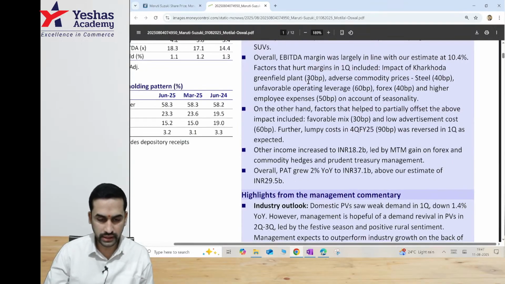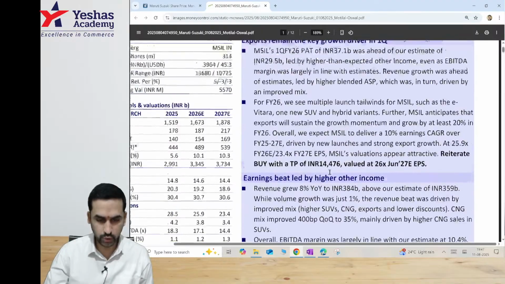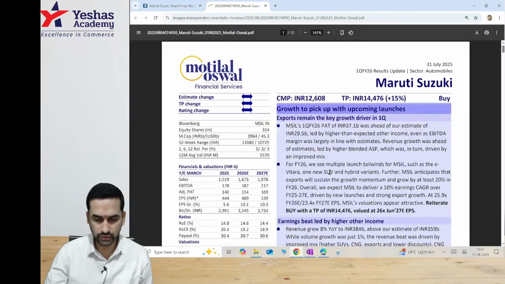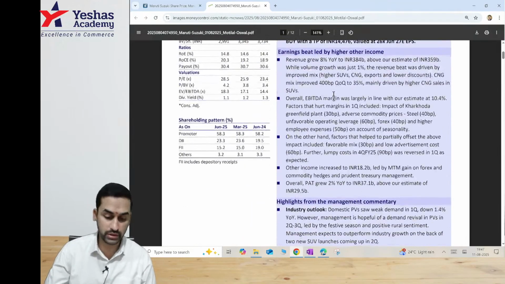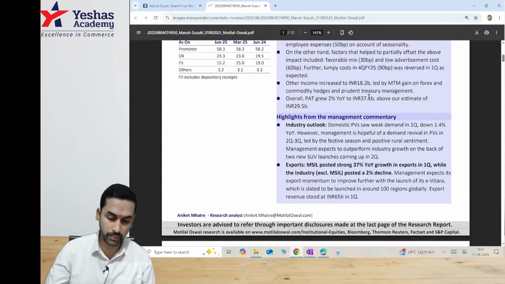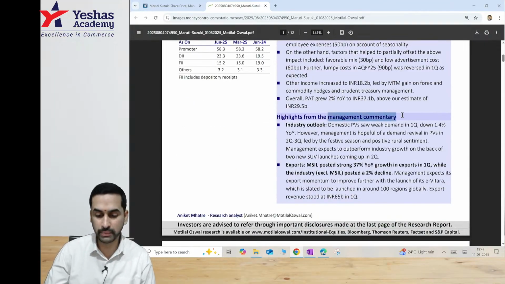So many people have shares. And this is the story about why Motilal Oswal believe that Maruti Suzuki is a good company. They have given all the explanation. Sales have gone up, margins have improved, sales are better than last year, better than competitor. See this management commentary. This will be given by the directors of the company. They have given industry outlook.